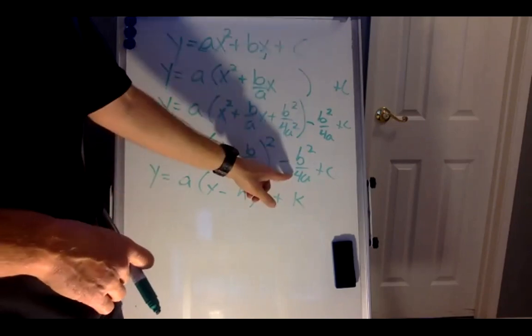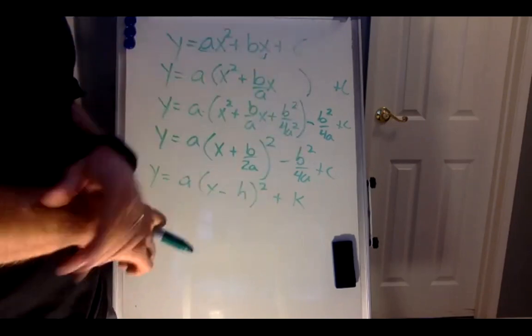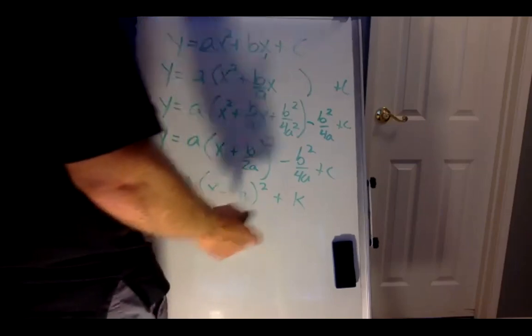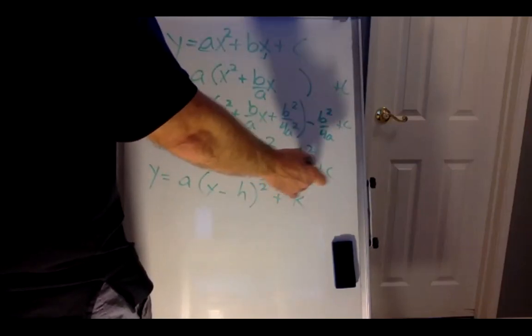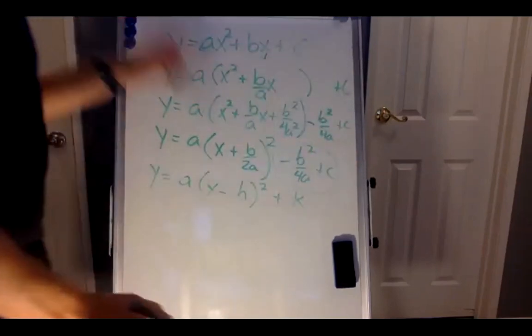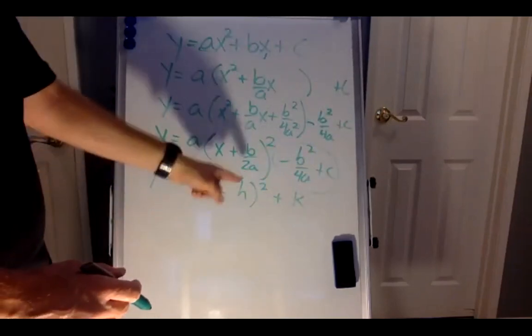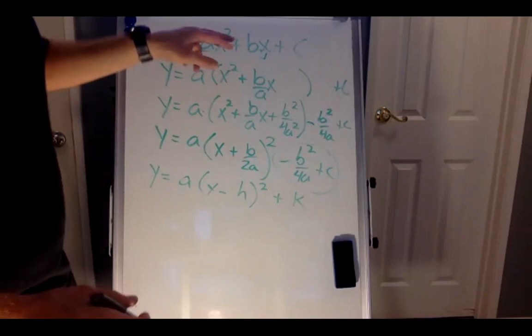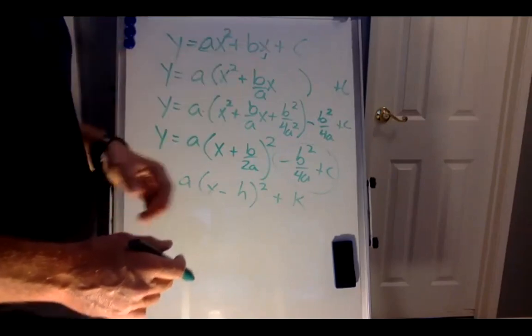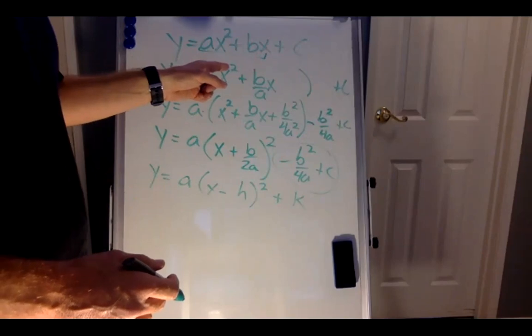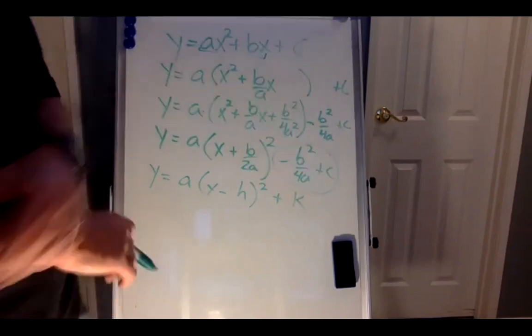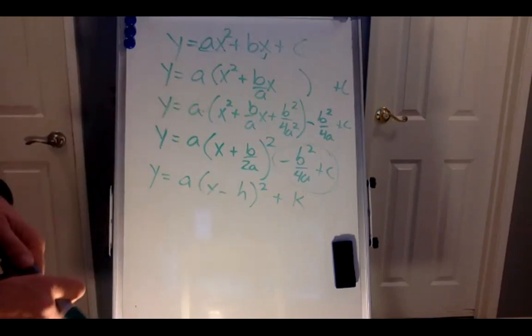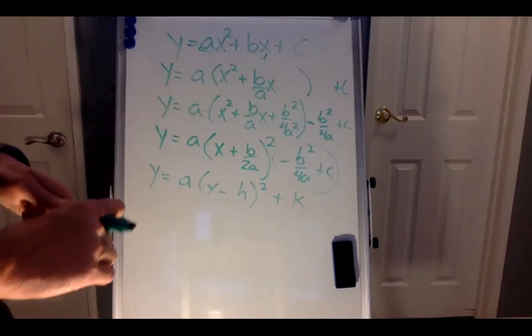Negative B squared over 4A will give you the y coordinate of the vertex. We didn't do that in class. If you take your C and you subtract B squared over 4A, if you use this formula, we always got negative B over 2A and then we plugged it back in. Instead of doing that, you can find negative B over 2A and then you can separately just take your C and subtract B squared over 4A if you want. It probably takes about the same amount of time.